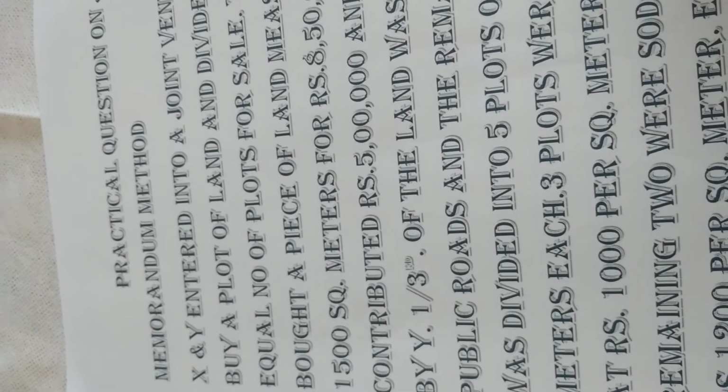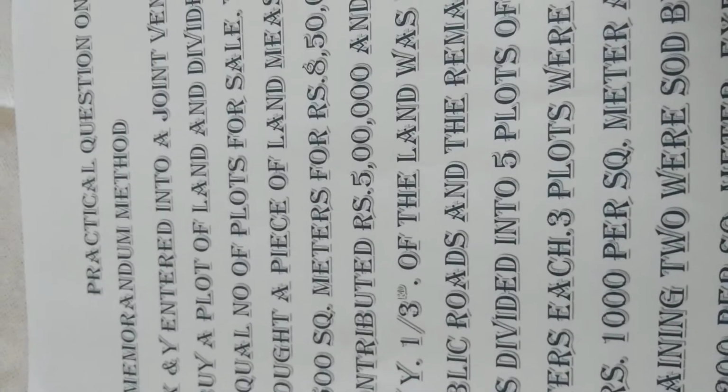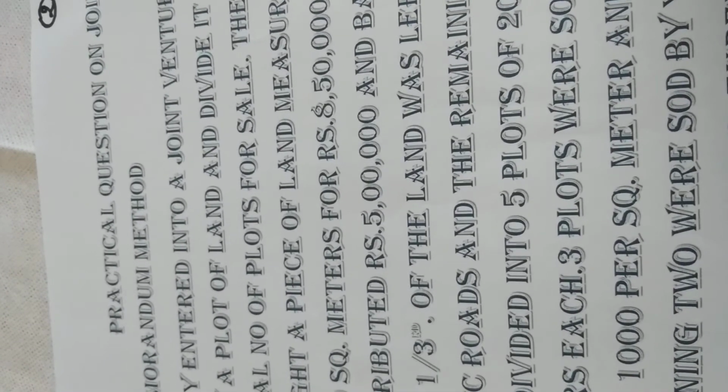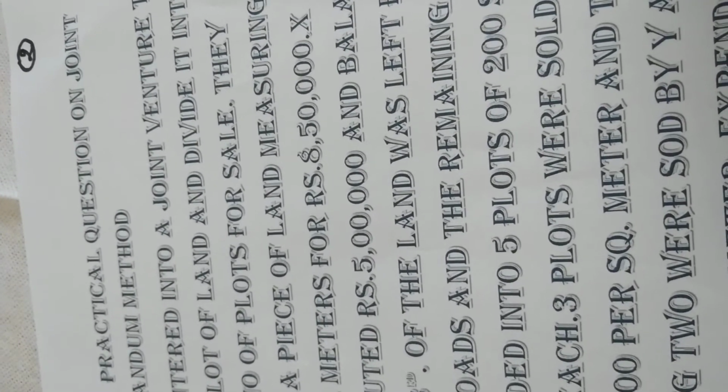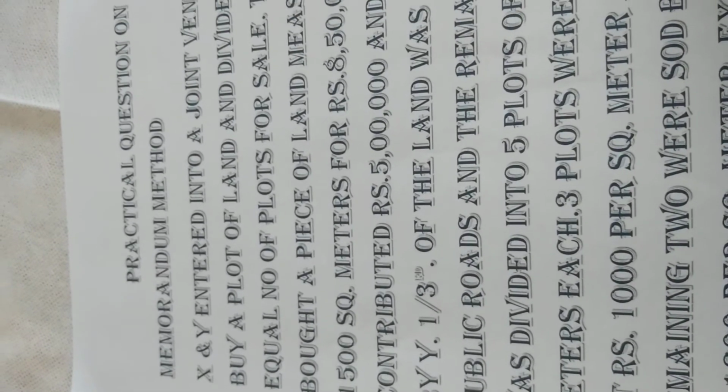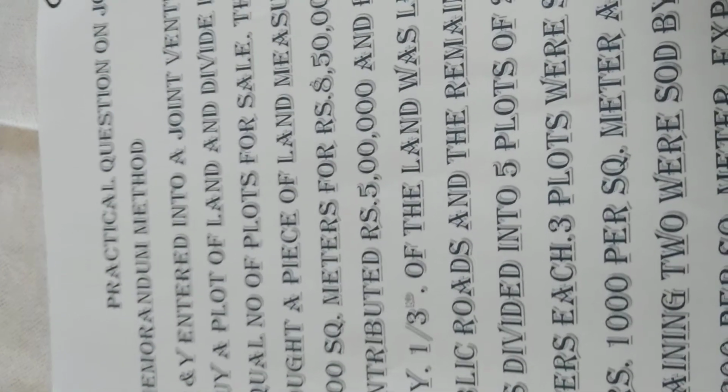Question is: X and Y entered into a joint venture to buy a plot of land and divide it into equal number of plots for sales. They bought a piece of land measuring 1500 square meter for ₹8,50,000.